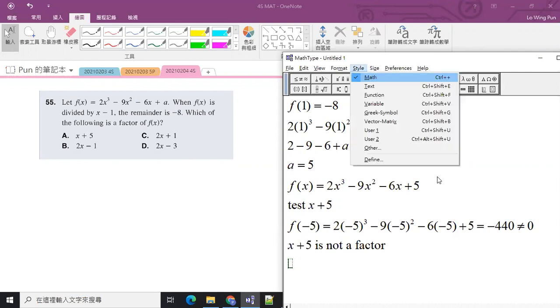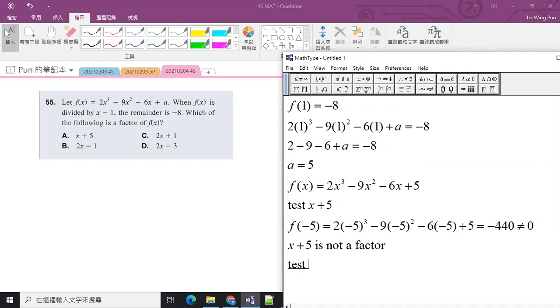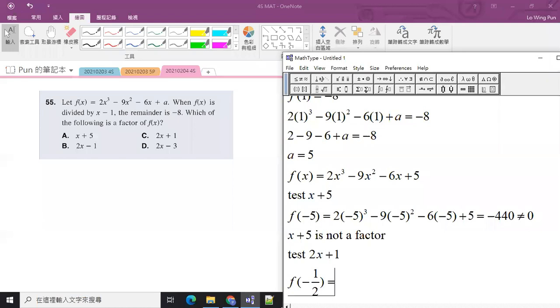Of course you don't need to write these out, since it will be multiple choice. And then the second one, test 2x plus 1. We need to calculate f(-1/2). It is calculated like this.